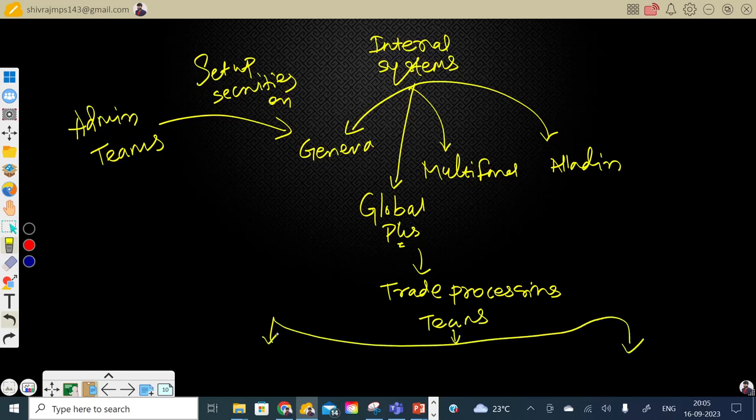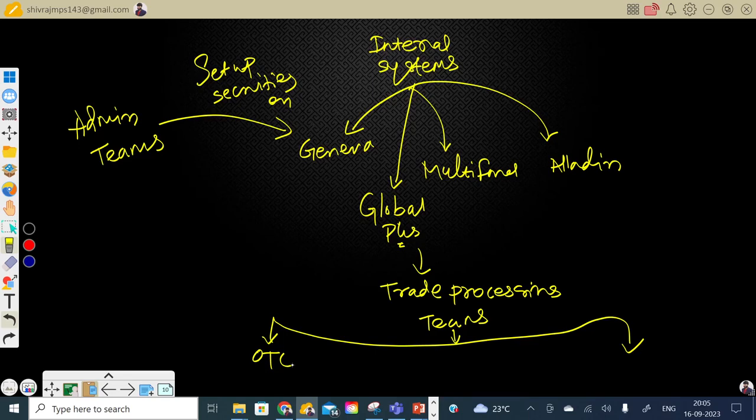Let's say for an OTC product, you might see an OTC team, the over-the-counter team. Under the over-the-counter team, you might see different teams. Let's say for a swap, there would be a different team. For loans, there would be a different team. For, let's say, XYZ instruments like bonds or money market products, you may see a different team.